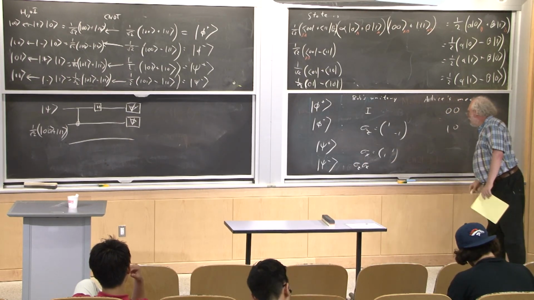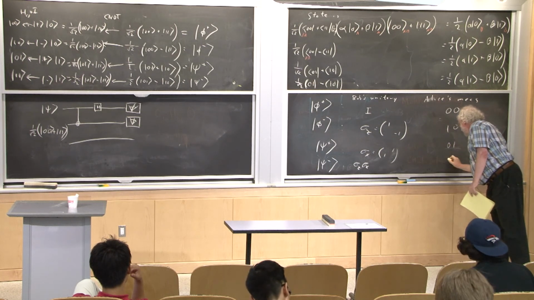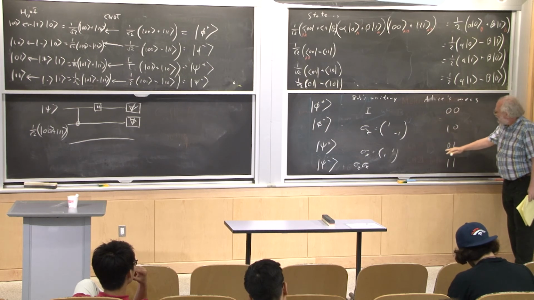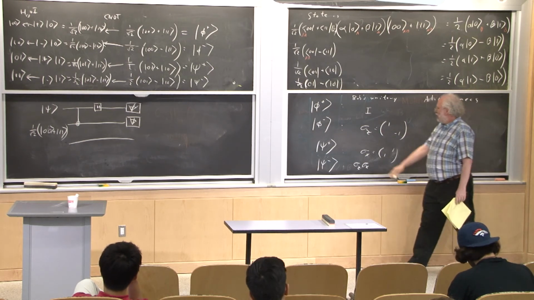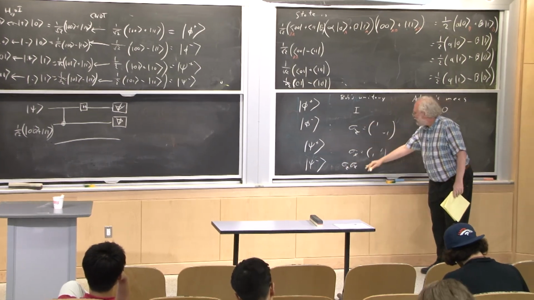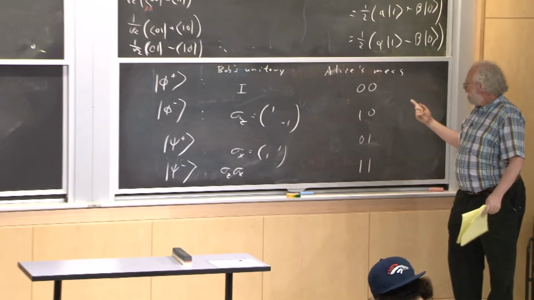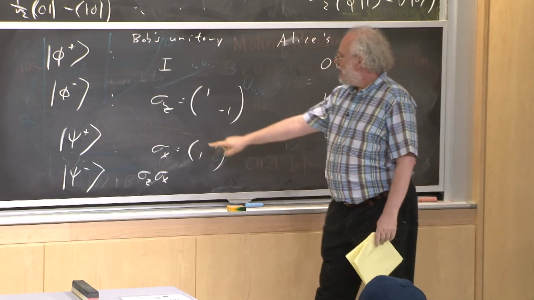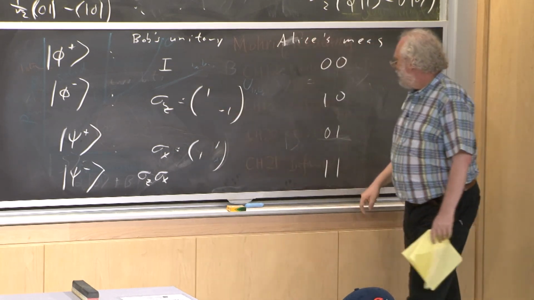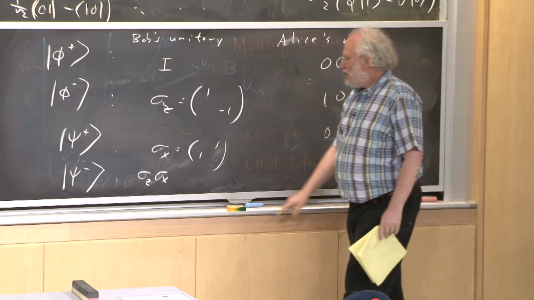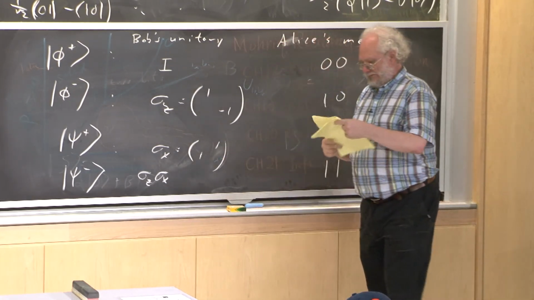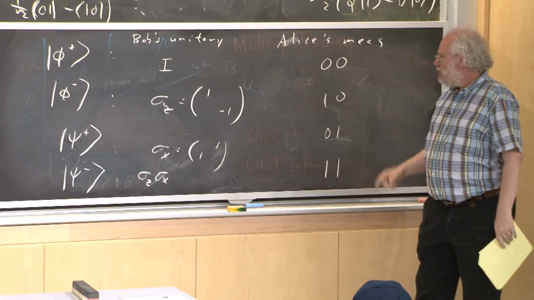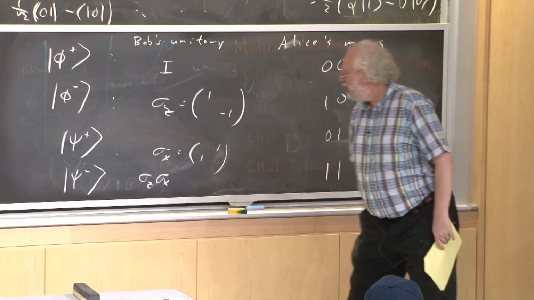For psi plus, it was 0, 1, and psi minus, it was 1, 1. So given this measurement result, we want to apply these transformations. So you can see that if the first qubit is a 1, we want to apply a sigma z. And if the second qubit is a 1, we want to apply sigma x. And we want to apply sigma x first.